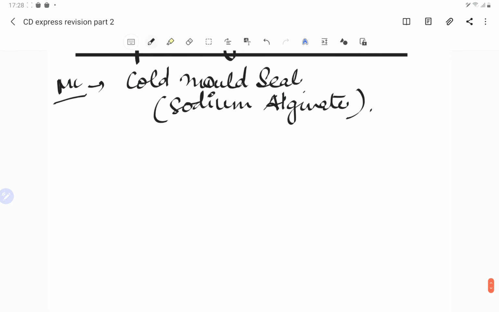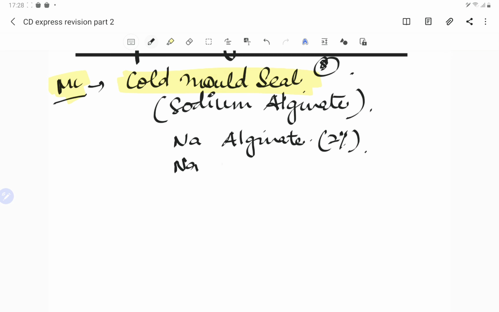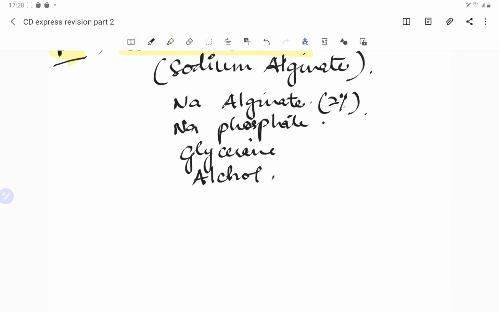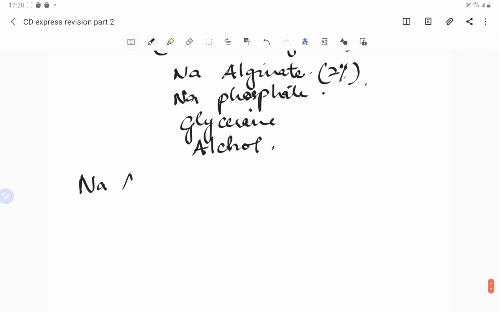So sodium alginate or cold mold seal, which is the most common, is composed of sodium alginate 2% in water, then sodium phosphate, glycerine, alcohol and water, preservative, right. So what is the reaction? Sodium alginate plus calcium which is present in the gypsum product.